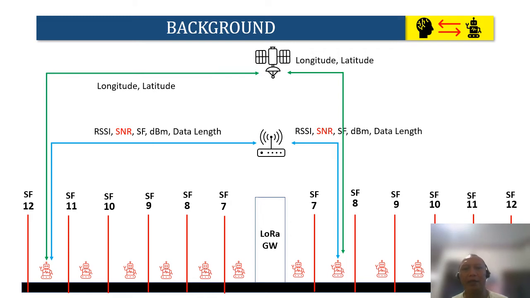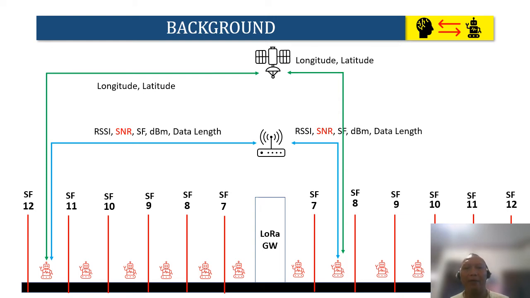Then the end nodes will be placed beneath the sensors, and also the spreading factor here. The maximum spreading factor is when the outer range of the network is marked by the number 12 here.